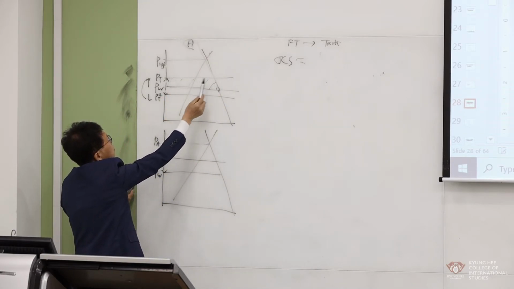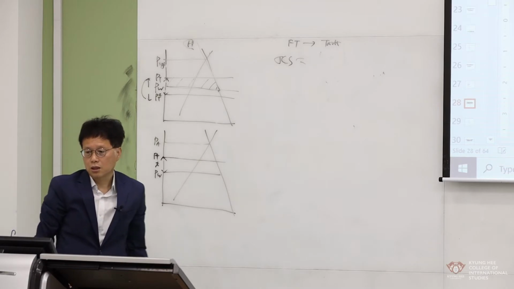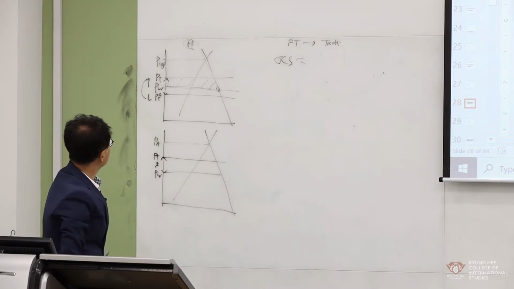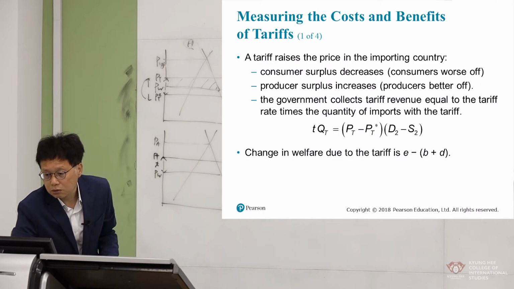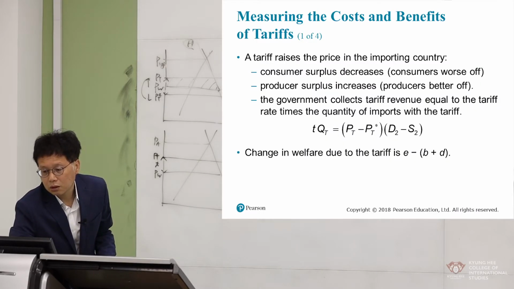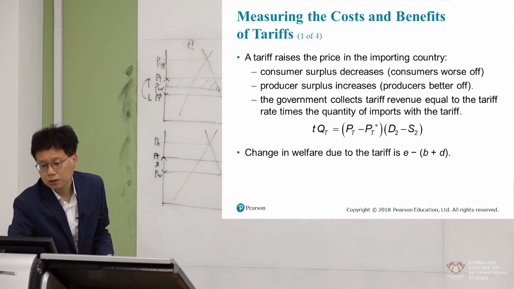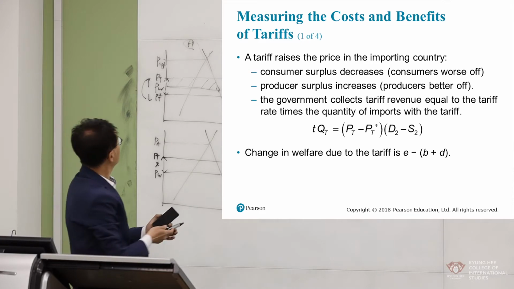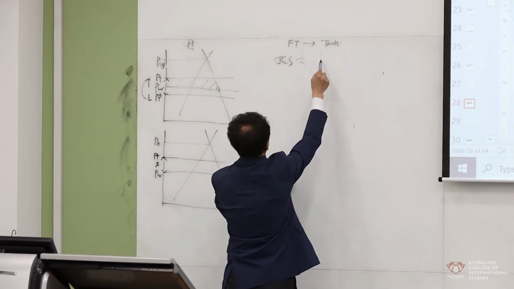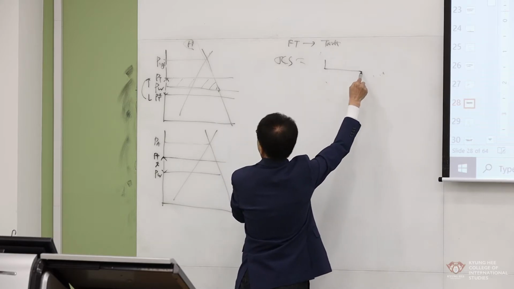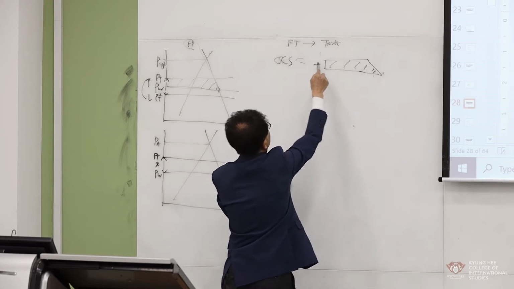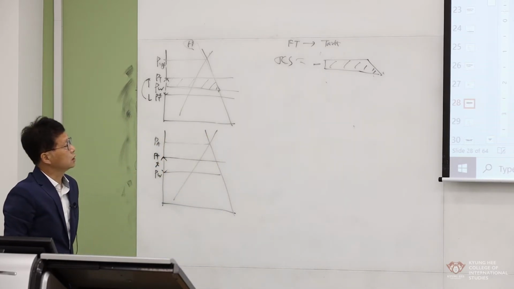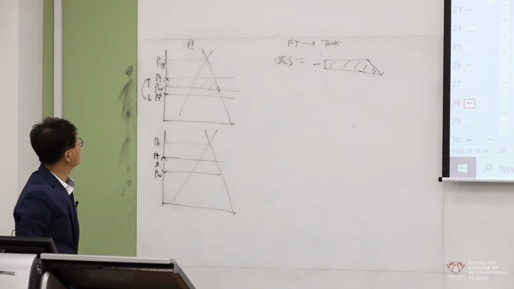The gap between the two is the decrease in consumer surplus. The change in consumer surplus is this area in this graph. Consumer surplus decreases by that area.